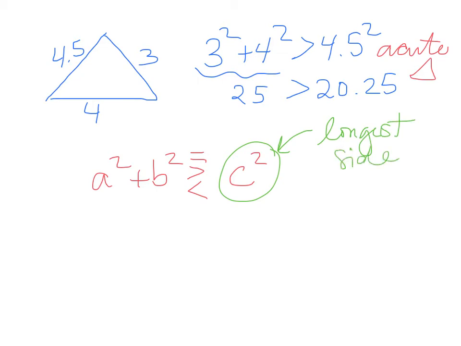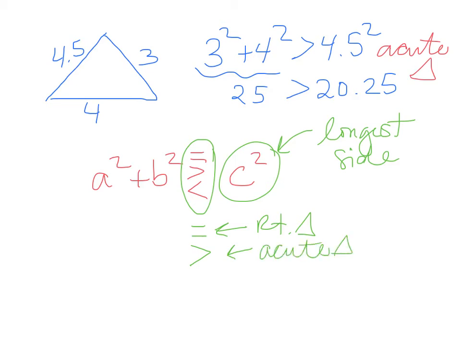So these are our three options. If a squared plus b squared equals c squared, then it's a right triangle. If a squared plus b squared is greater than c squared, that's an example above, an acute triangle. And if it's less than, then it's an obtuse triangle.